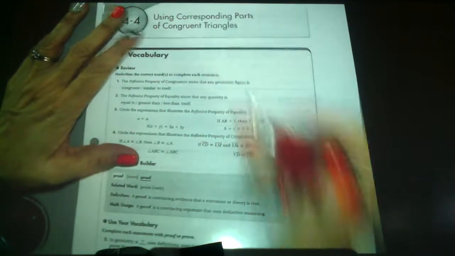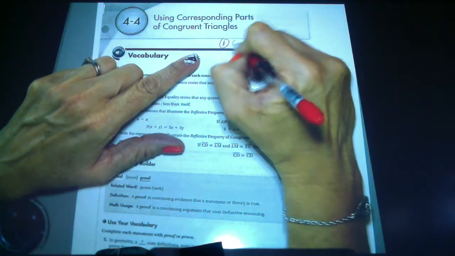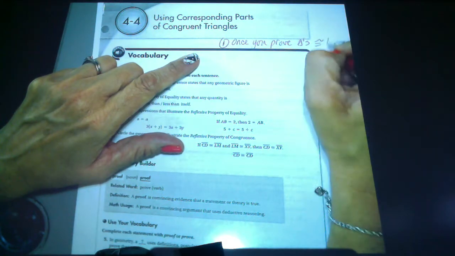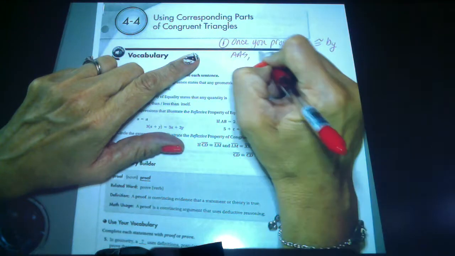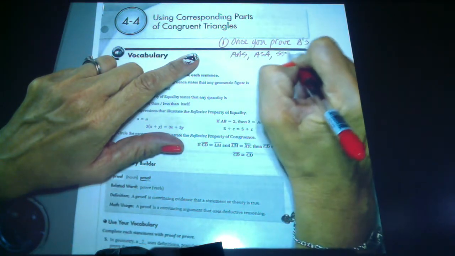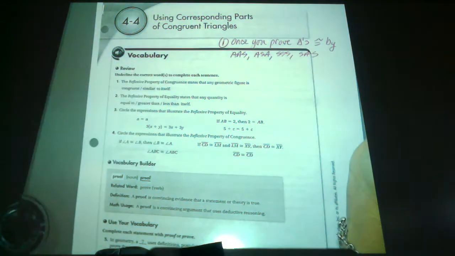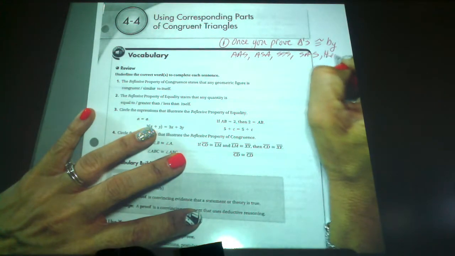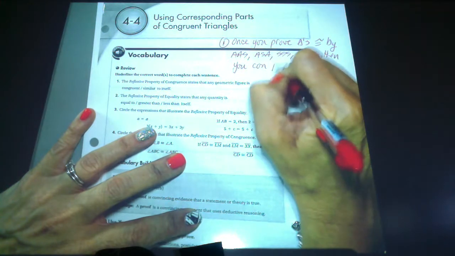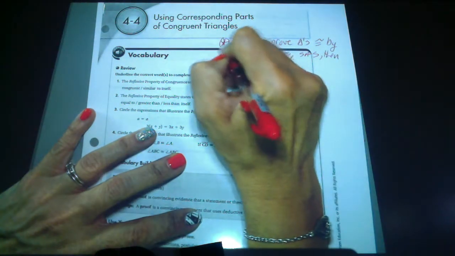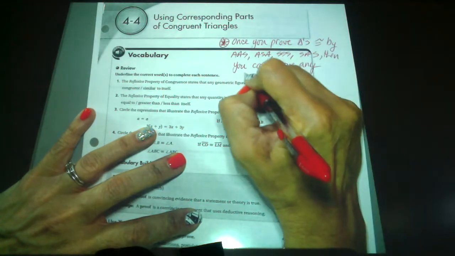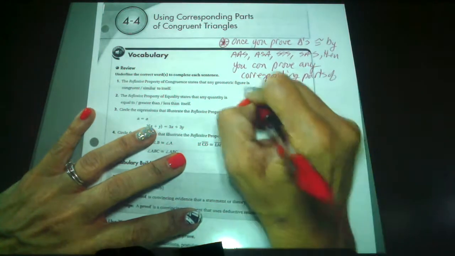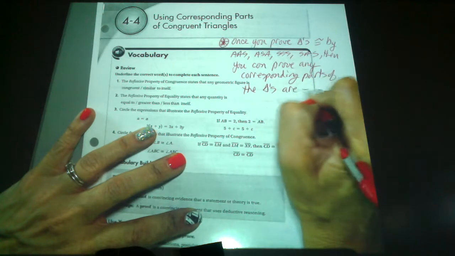So once you prove triangles congruent by AAS, ASA, SSS, or SAS, those are 4 methods to shorten up, then you can prove, let's not make that number 1, let's just make that a star, then you can prove any corresponding parts of the triangles are congruent.